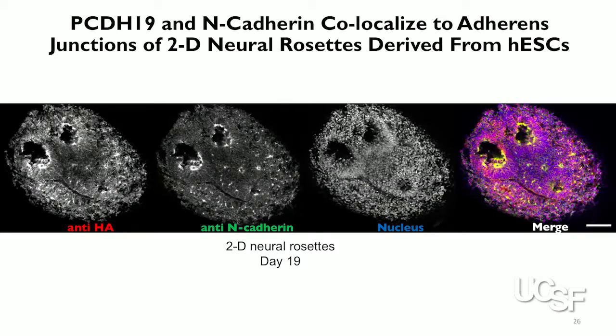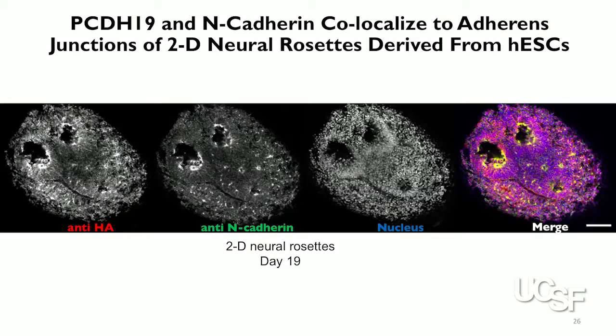And from our experiment with the patient-derived neural rosettes, we see the N-cadherin localization pattern has been altered in the patient lines. So the simple experiment I did is co-localizing HA to identify PCDH19 with N-cadherin, to see what the relationship is between PCDH19 and N-cadherin.